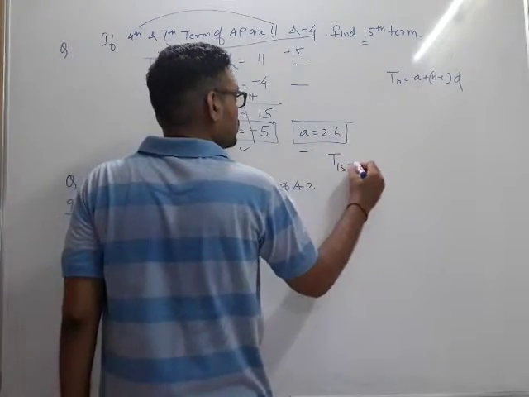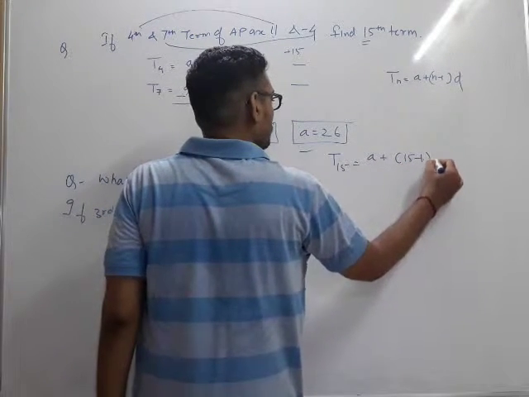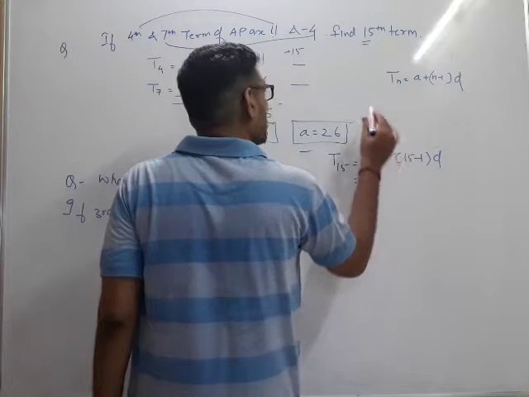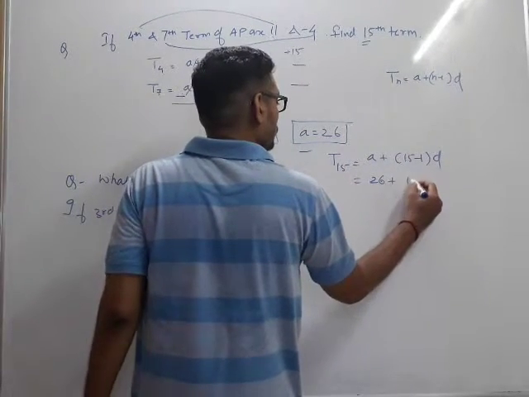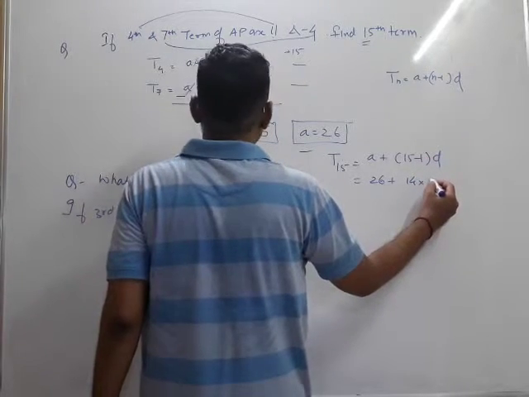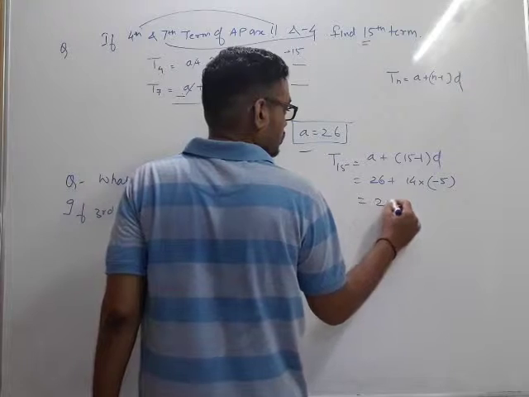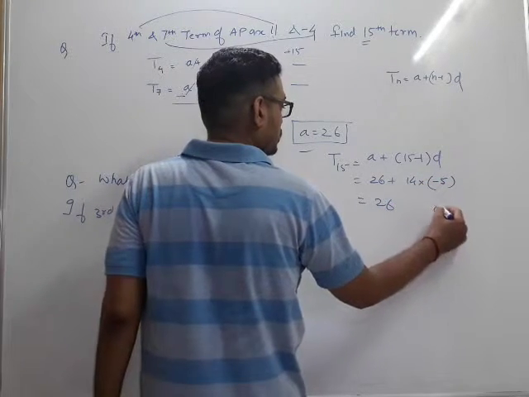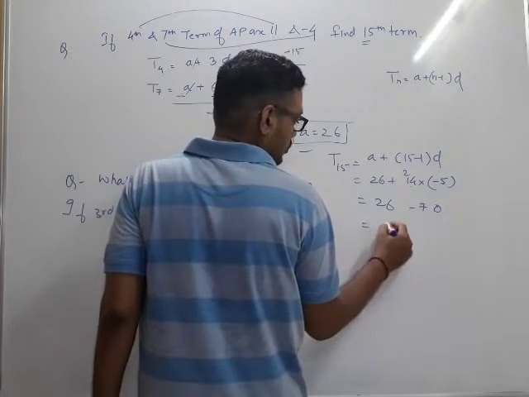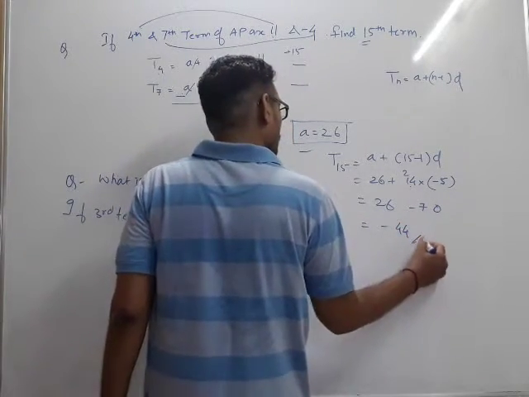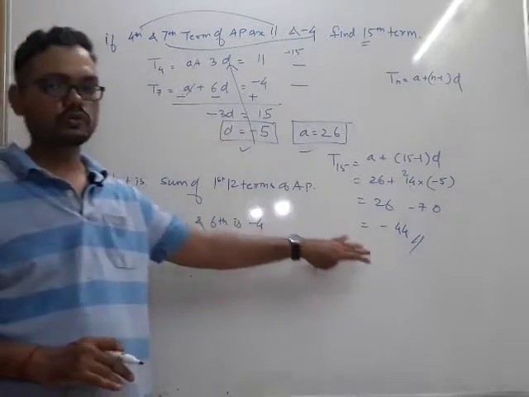So T15 is a plus 15 minus 1 into d, which is 26 plus 14 into d, d is minus 5. So this is 26, 5 4s are 20, 5 minus 70, minus 44 is the answer. This is how we are supposed to solve it.